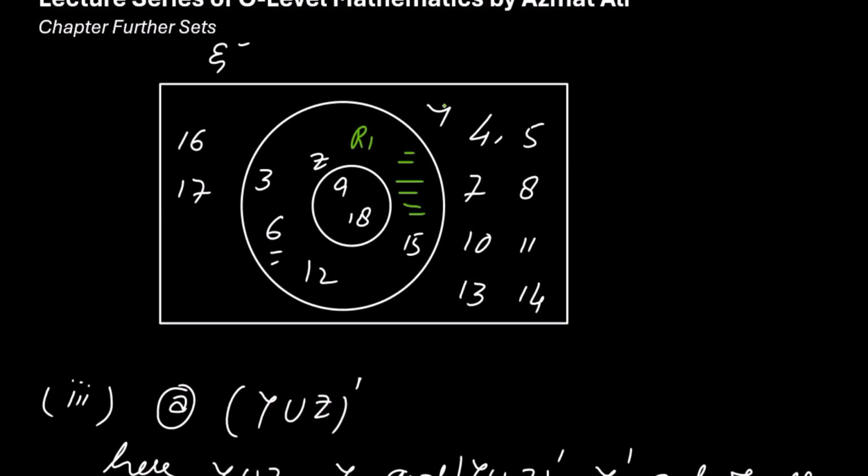The first region is R1, that is inside Y, and the second region is outside the Y, this is R2. So the union of these two sets is the Z complement.